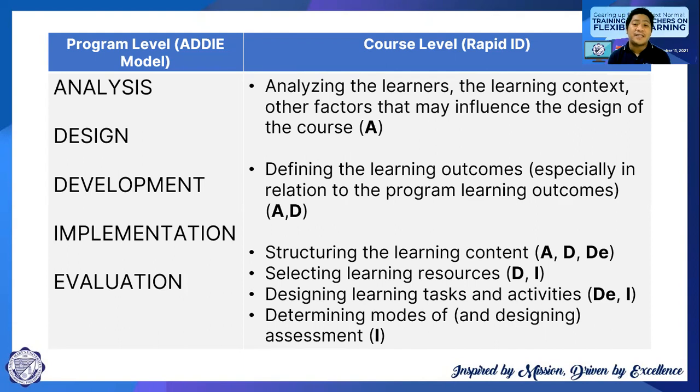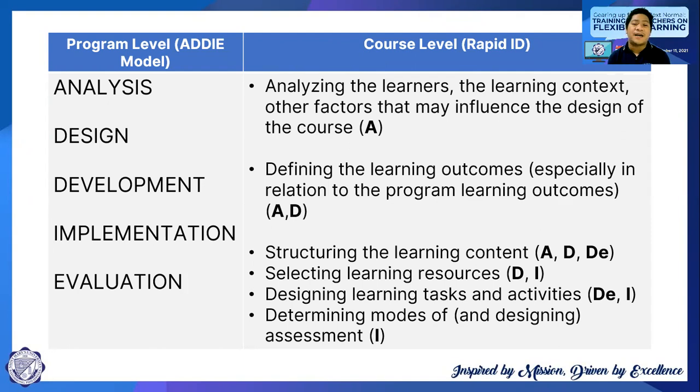Analysis also includes defining the learning outcomes, especially in relation to the program learning outcomes. And another is structuring the learning content. Because part of our analysis is analyzing the content available or proposed or recommended by the different CMOs or professional organizations and other associations or institutions.